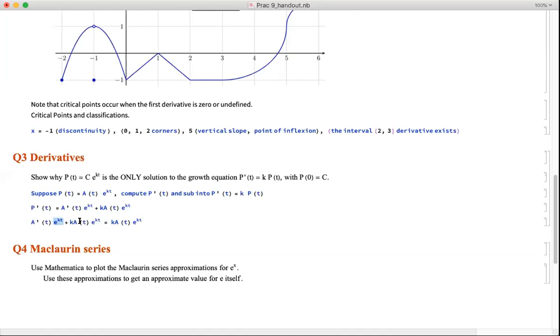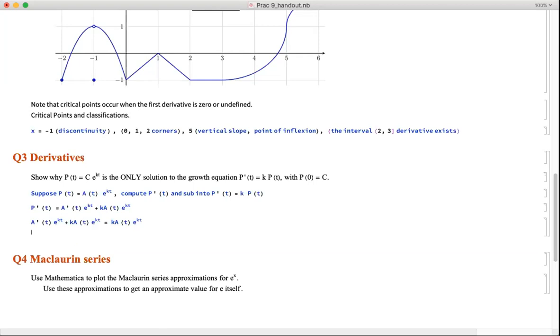Since e to the power kt is always positive, we can divide through by e to the power kt. Finally, you will have A'(t) equals 0. So what should A be?